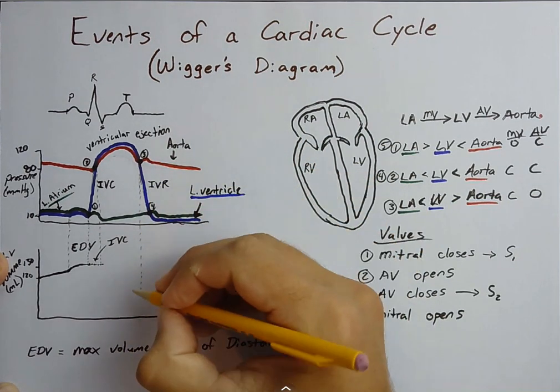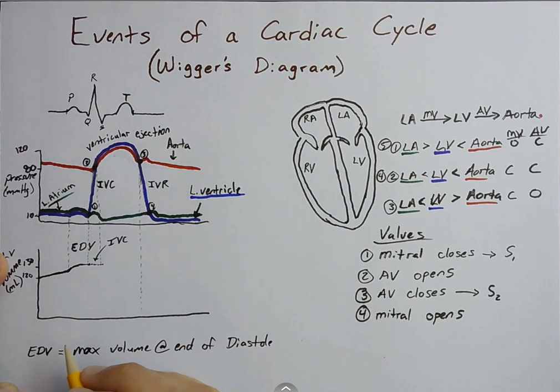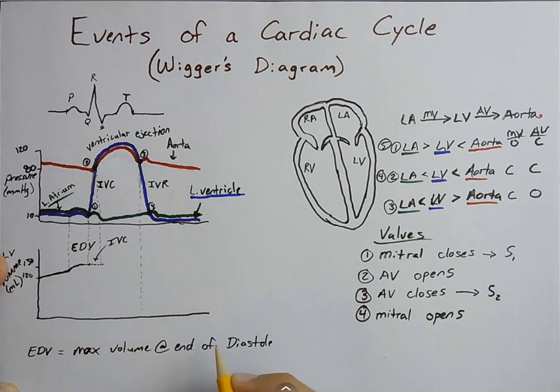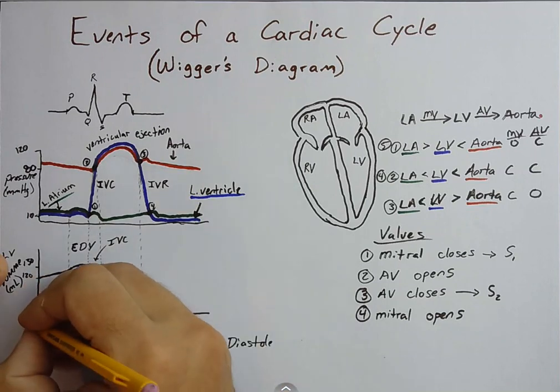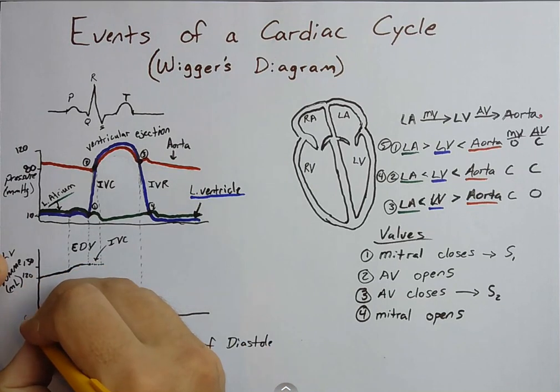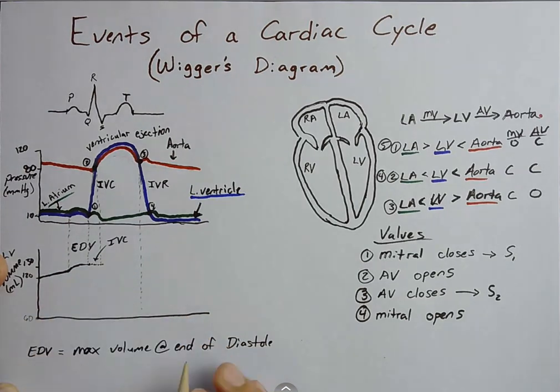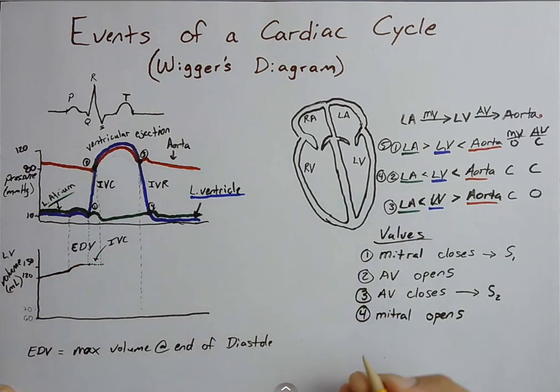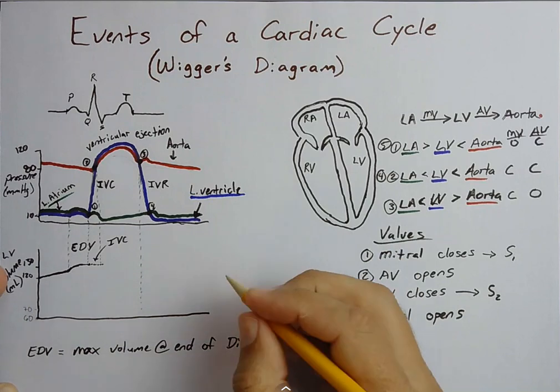And the minimum volume inside of the heart, we're actually not going to go to 0, 0 down here. We're going to say that this corner of the curve is approximately 60 mils. So instead of being a 0, 0, we're going to actually have the bottom left-hand axis of our graph be 60 mils. And at the end of contraction, the heart tends to have about 70 mils of blood left over.